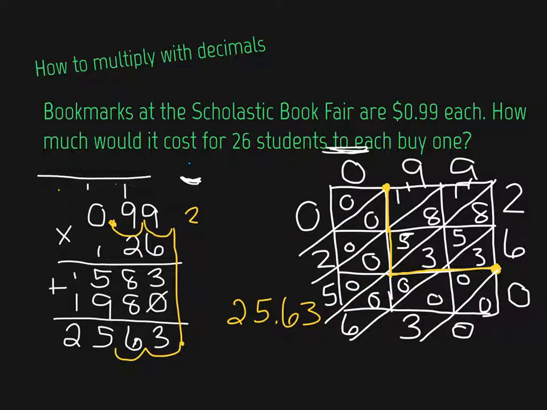So now what we're going to do is bring that decimal point straight down outside of the lattice area, and you can see that our answer now is 25 and 63 hundredths, or $25.63, which coincidentally is the same answer that we got from doing this stuff over here. So that's another way to do lattice and decimal multiplication as well.